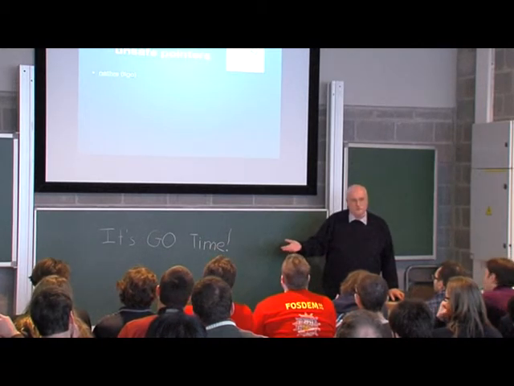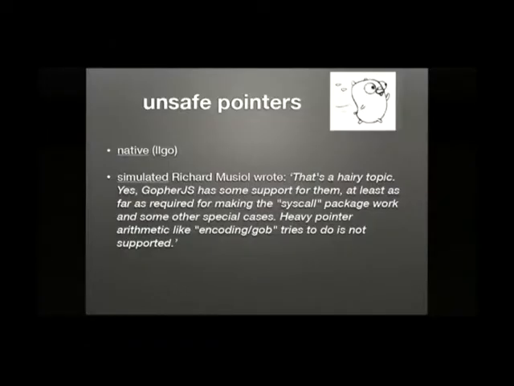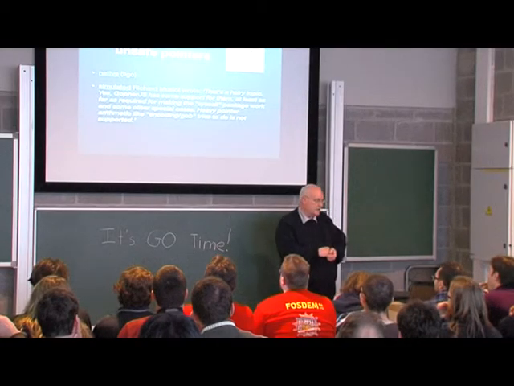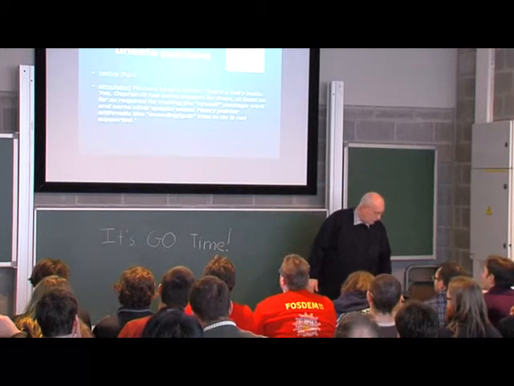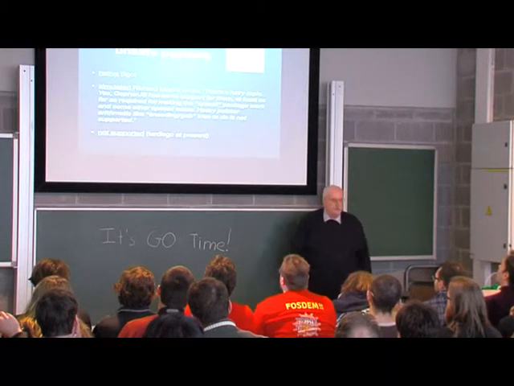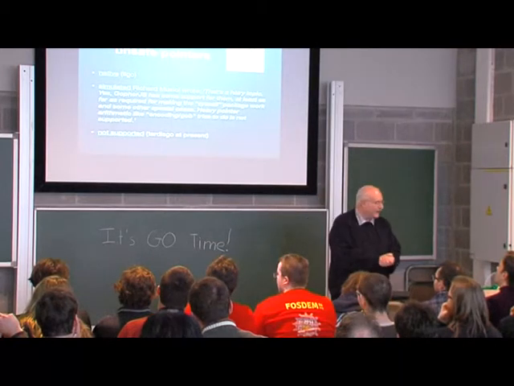Fine if your memory model is as it is, but if your memory model is such that you haven't actually got anything in memory that looks like the Go model of what's in memory, you have to do a lot of simulation. You have to deal with a lot of special cases if you want to make the Go standard library work. Or you can think of unsafe pointers as an invention of the devil, like I do, and not do it at all.